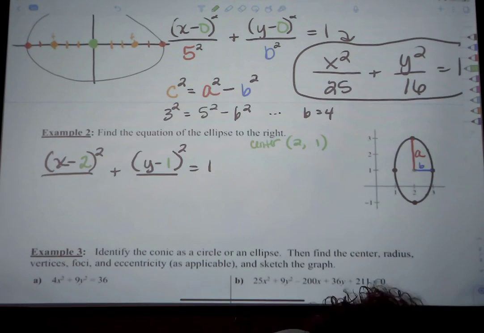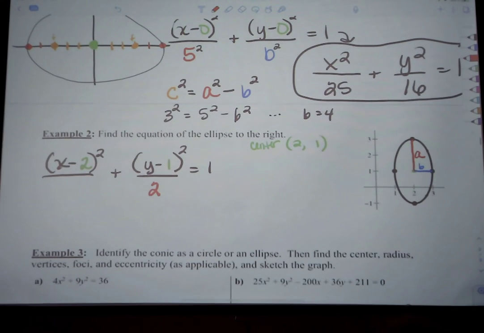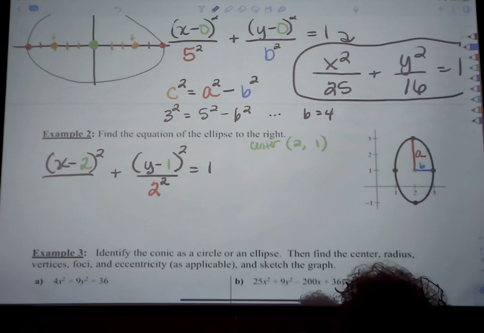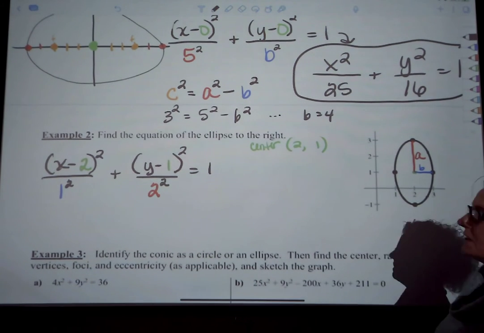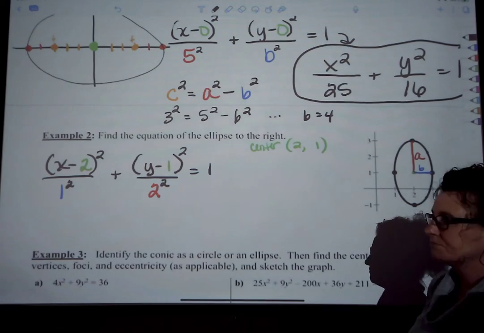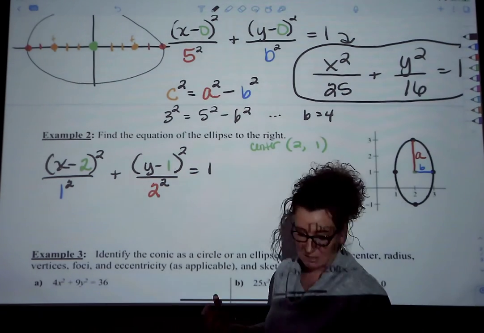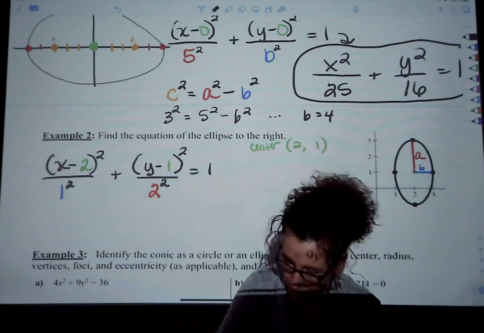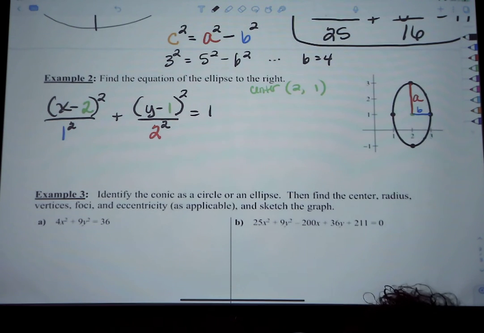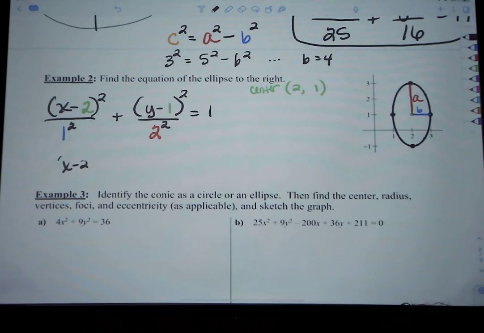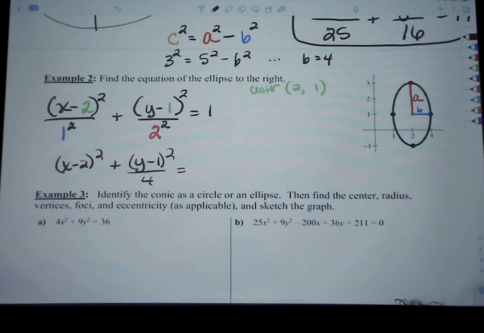Put it under the Y, and put the B under the X. Right? And to simplify it, just call that 1 and call that 4, and you can be done with it. Done.